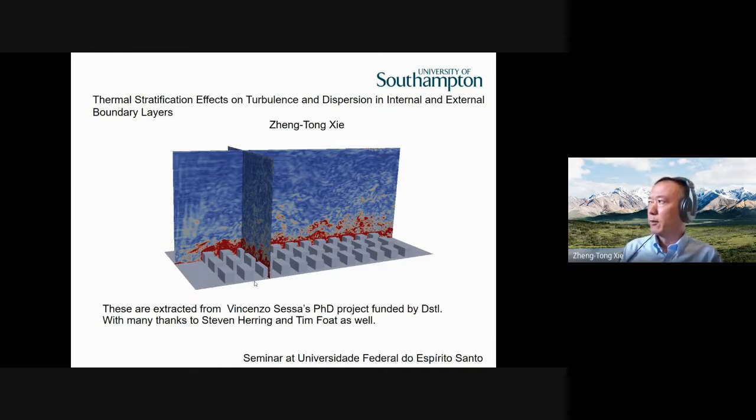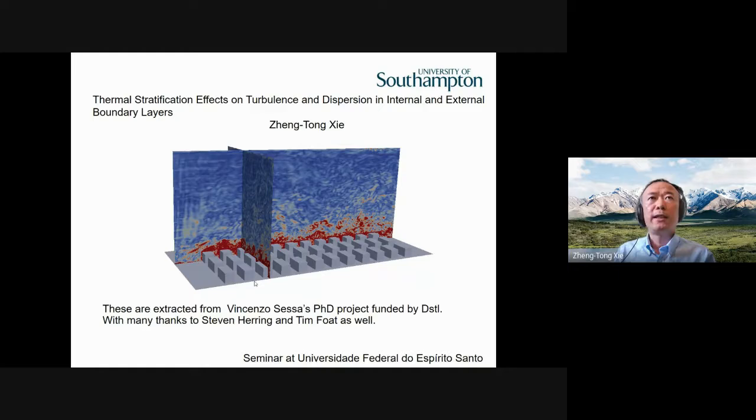Why do I mention this? Because in CFD, or particularly LES, we use a lot of periodic boundary conditions, and of course this is good in terms of the setup of the model, but in many cases it is not realistic.